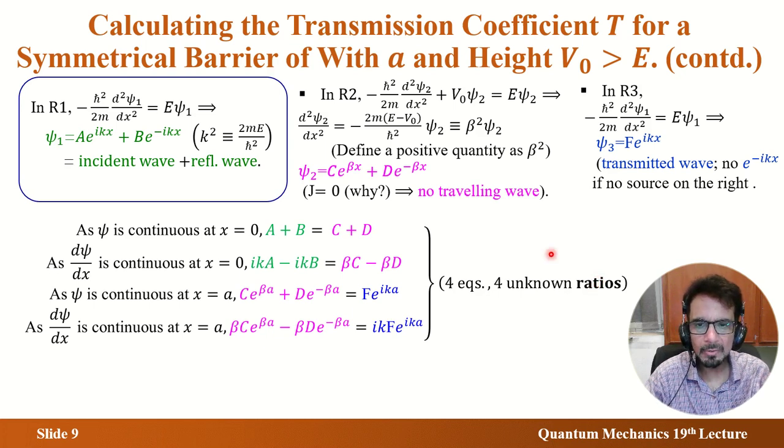And now, in the previous case you had 2 unknowns and 2 equations, and now there are 4 unknowns. You get 2 more equations because in the previous case you had 1 boundary, and 1 boundary gave 2 equations, and now you have 2 boundaries, at 0 and a. For every boundary you have 2 equations, so 2 boundaries means 4 equations.